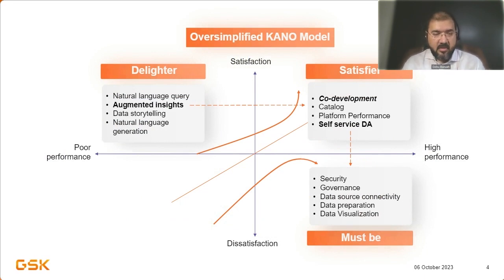Okay, this one is an oversimplified Kano model. If you look down, you can see some of the elements. Think about it as a product or a solution. Any end user would prefer to have dashboards, visualizations, and insights from very complex data sets.